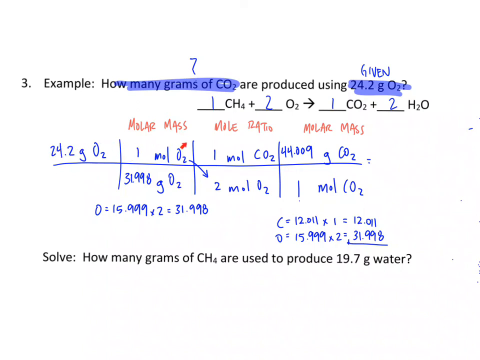24.2 times 1 times 1 times 44.009, all divided by 31.998 times 2 times 1. Okay, so when I multiply everything across on the top, I get 1065.0178 divided by everything on the bottom, which is 31.998 times 2 times 1, gives me 63.996.